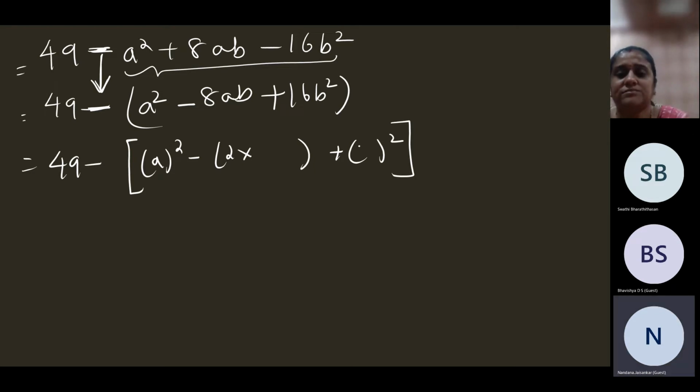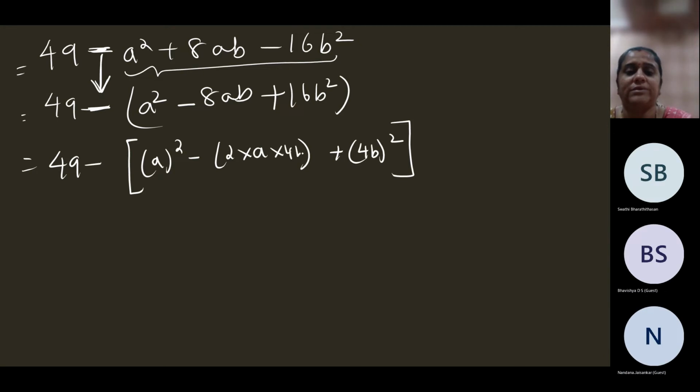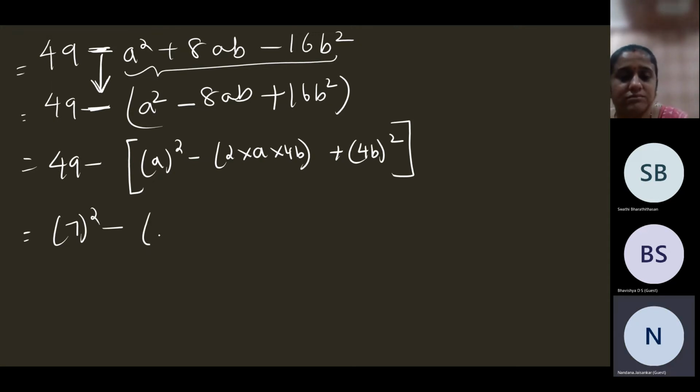Last term is 4b, ma'am. 2 into a into 4b. Getting the middle term? Yes, ma'am. Okay, then? 7 square minus bracket a minus 4b whole square, ma'am.